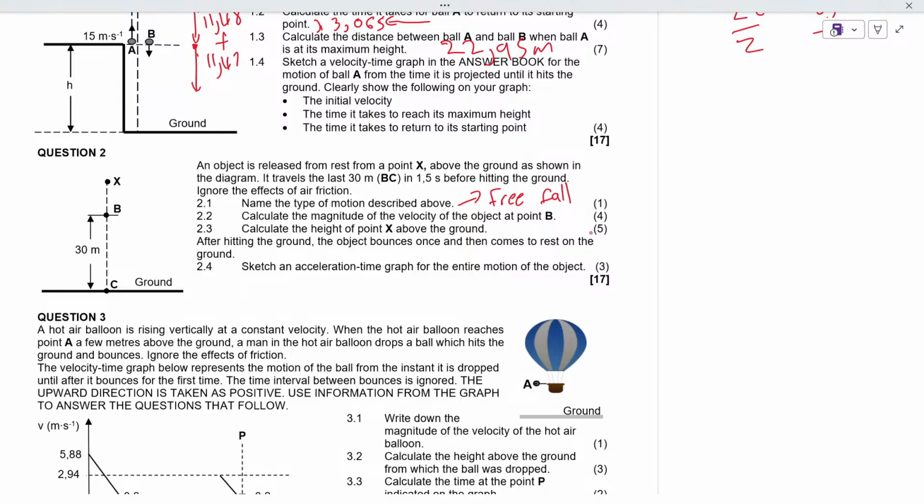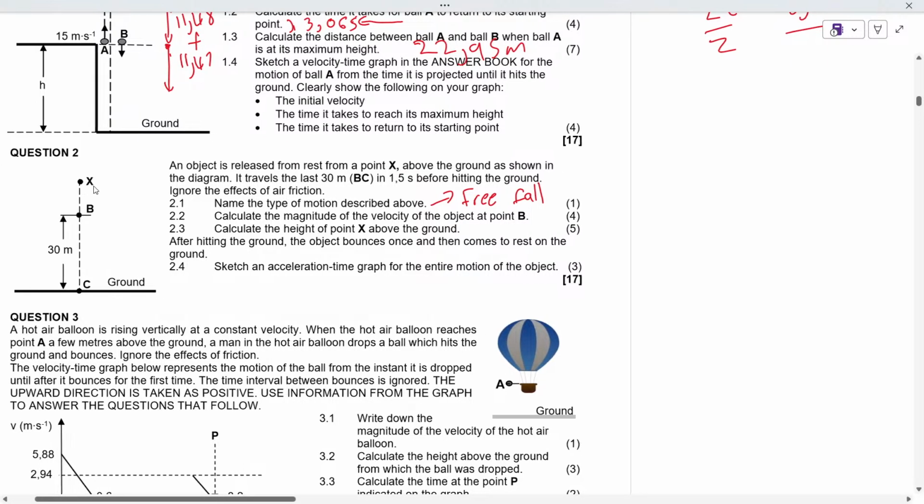And then they say to calculate the magnitude of the velocity of the object at point B. So let's check the information. Before even starting, I don't have an idea yet which equation or formula we are going to use.